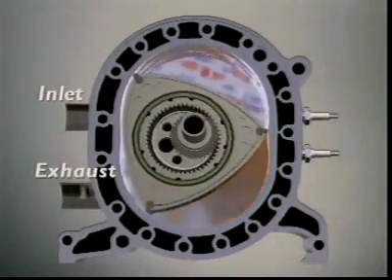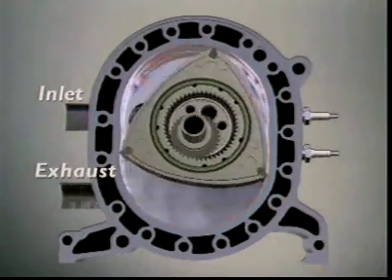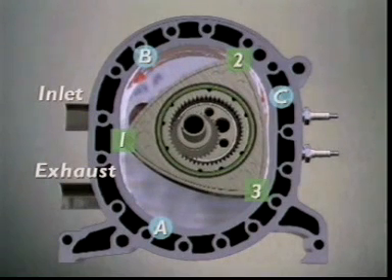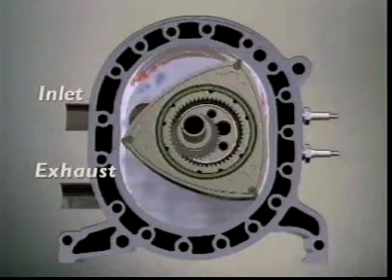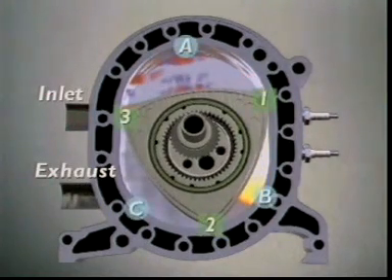Chamber A moves on to push out exhaust gases. B gets more fuel-air mixture, and C approaches ignition. A finishes discharging exhaust gases and moves on for more fuel-air mixture. B is at ignition, and C is pushing out its exhaust gases, which is where we started.